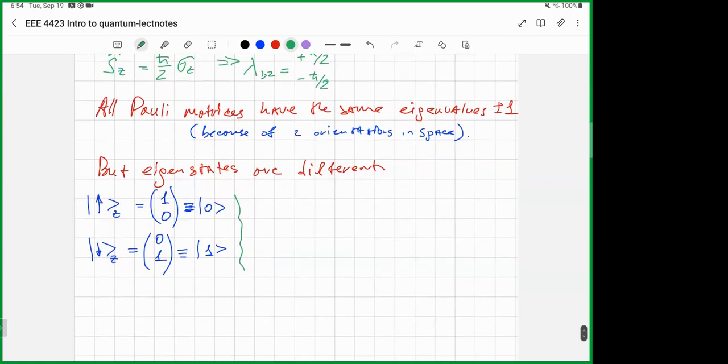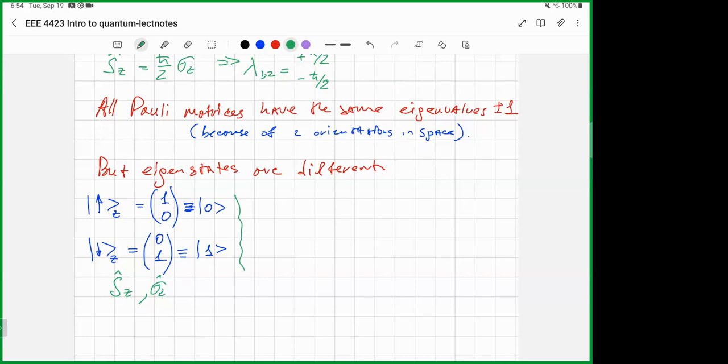Again, this is for the z component. These are the eigenstates, or eigenvectors, of the S z operator, or sigma z.